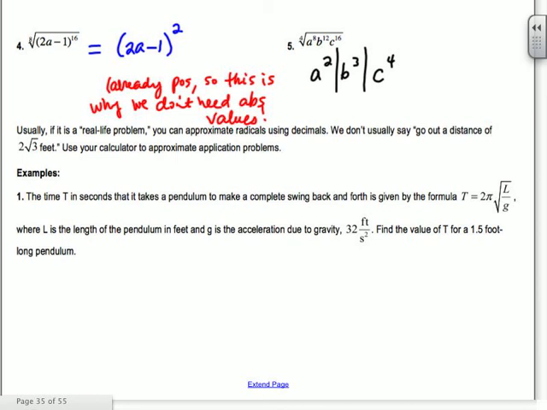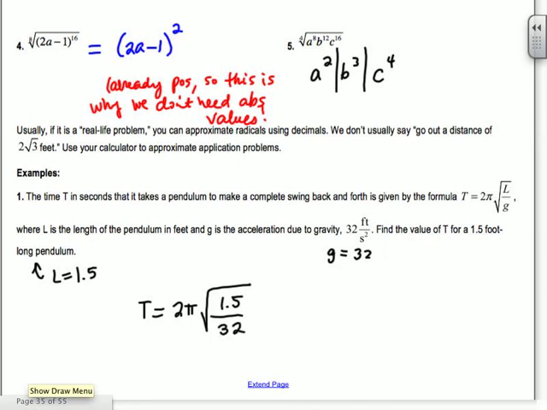So find the value of t for a 1.5 foot long pendulum. Okay, so when I see 1.5 foot long, that means that L equals 1.5, and g we already knew was 32 feet per second squared, so just 32. So we plug in. So I get t equals 2 pi times the square root of 1.5 over 32.